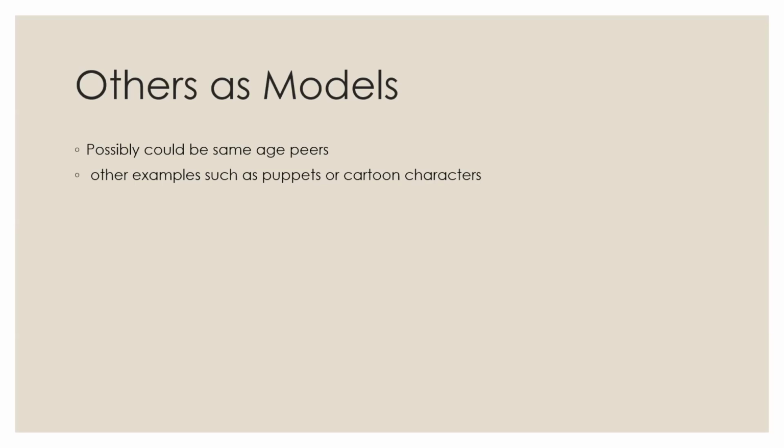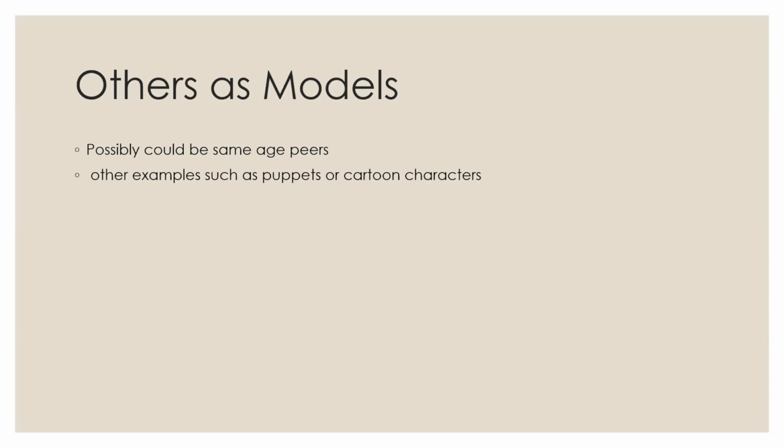If at all possible, you want them to be close in age and, I would suggest, the same gender as the peer. If it's a boy, then I would probably go with a boy around the same age performing the task, right? And others as model could also be cartoon characters or puppets.